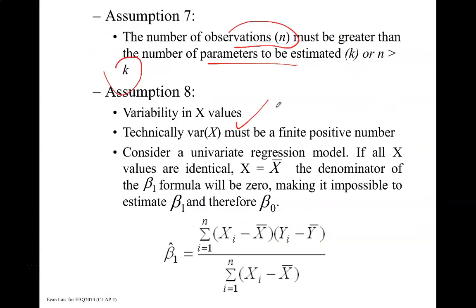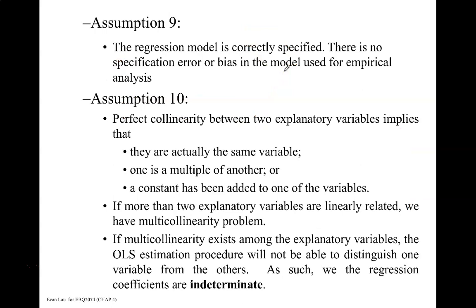So number 8 represents variability, meaning that there are different values of X. Even if you have a fixed value of X, for example the exchange rate under a fixed exchange rate regime, or an interest rate which does not change for some years or quarters, it still has some variability, especially X.